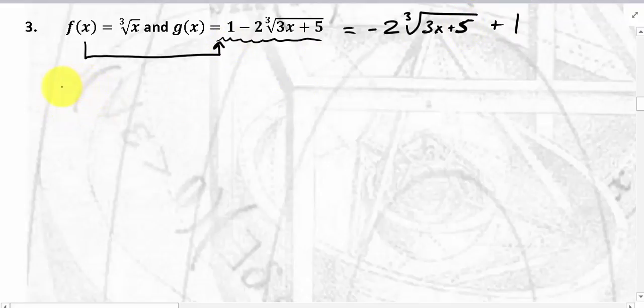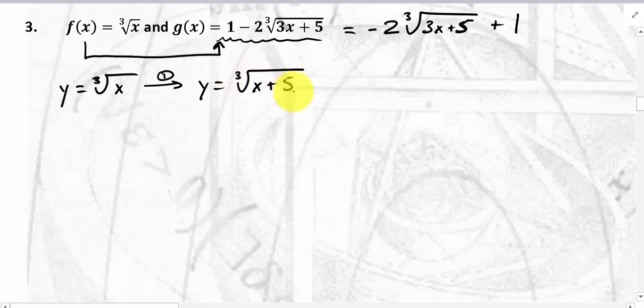So, let me first describe it with the different expression. So the cube root is a parent function, and what happens to the input? So number 1 is y equals cube root of x plus 5. Okay, that's number 1. Number 2 is y equals cube root of 3x plus 5.